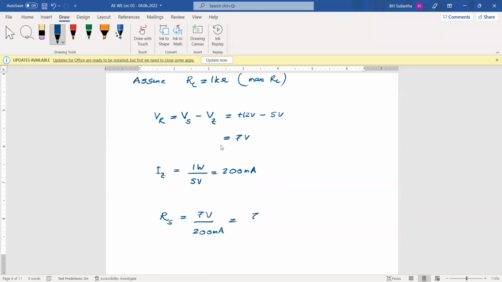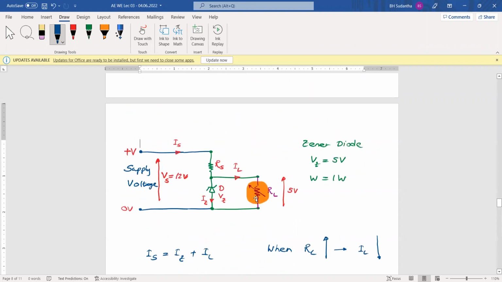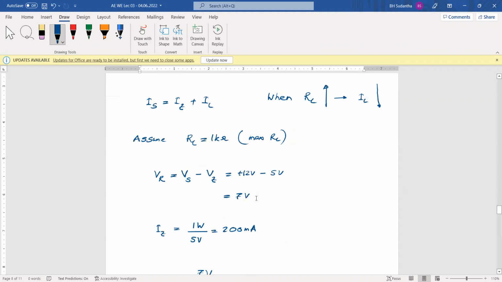Then this is 35 ohms. Okay. Then we know that here we can put a 35 ohm resistor.